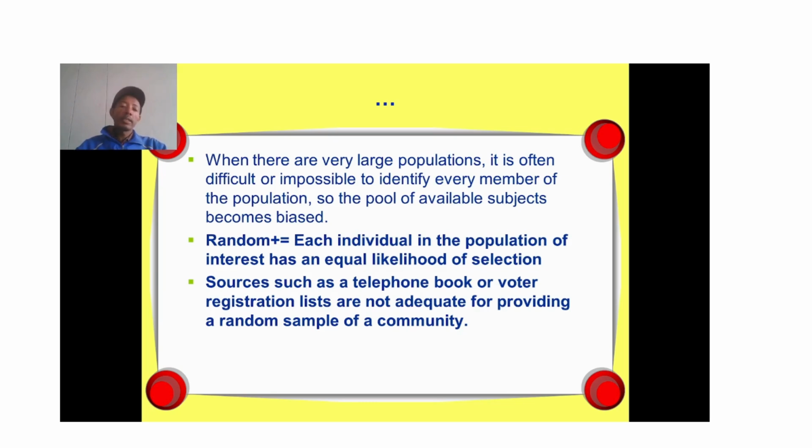Sources such as telephone books or voter registration lists are not adequate for providing random samples of the community because they are biased; there may be individuals with no phone number. Sampling bias may result because the parts of the population that were included in the study and those that were not included create a discrepancy.